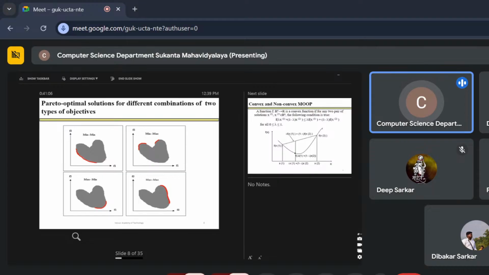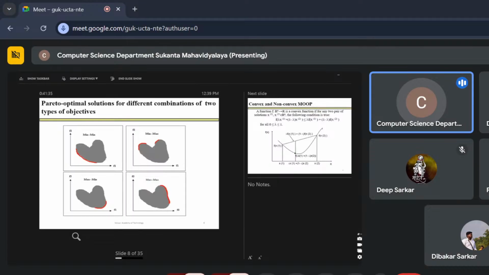For the sake of simplicity, we are presuming that we are handling two objectives at a time. Maybe higher dimensional objective space also, I mean three objectives, four objectives, that may be there. Theoretically, always possible. But when it comes to putting it in a graph, it may be difficult. That is the reason why, in order to have the understanding properly, we have restricted to the two-dimensional case only.